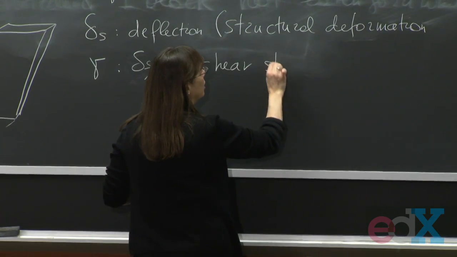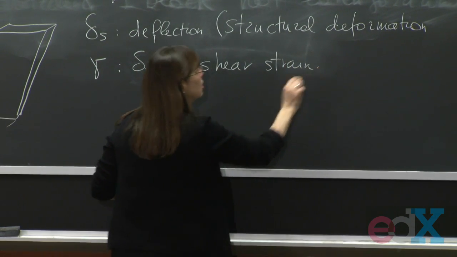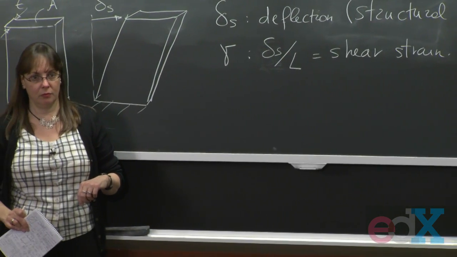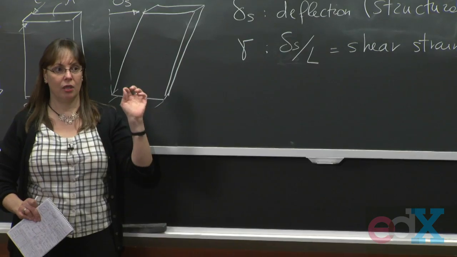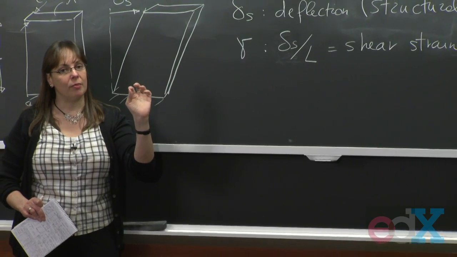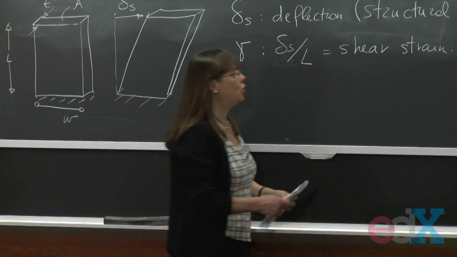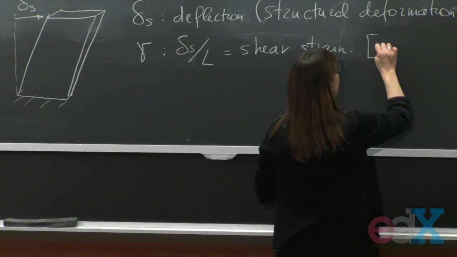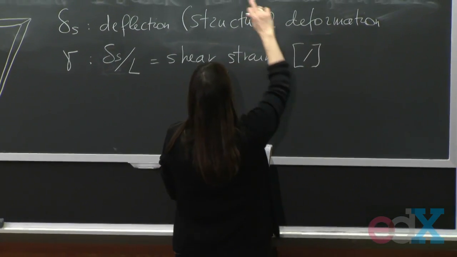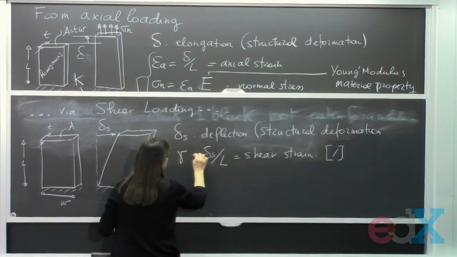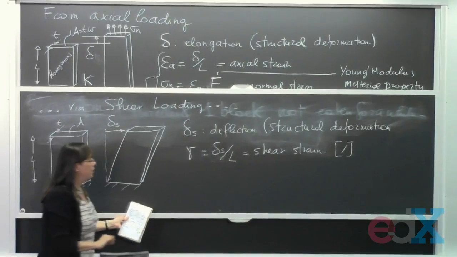Shear strain. Okay? It's a measure of deformation of the material, which is, again, dimensionless. See? The shear strain is dimensionless, the same as the axial strain. Look, they look totally the same. So this is our shear strain.